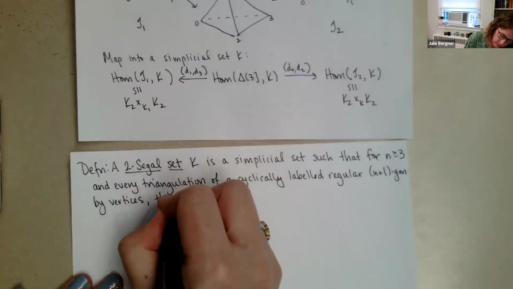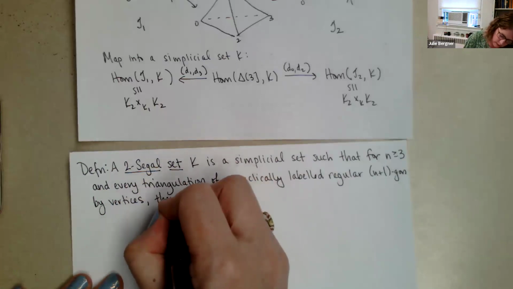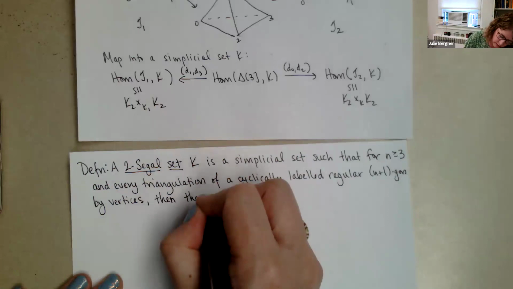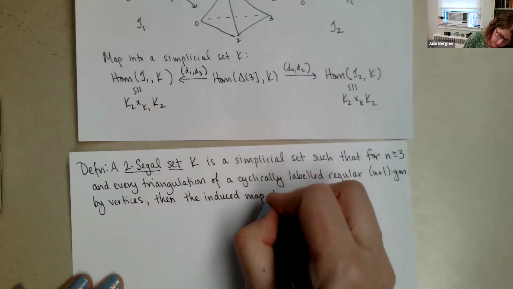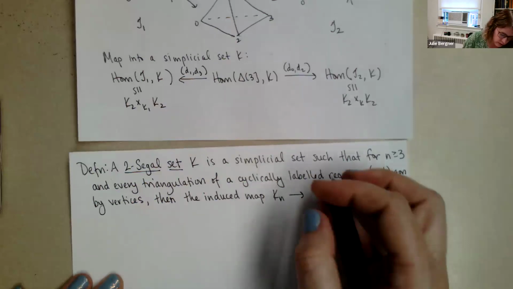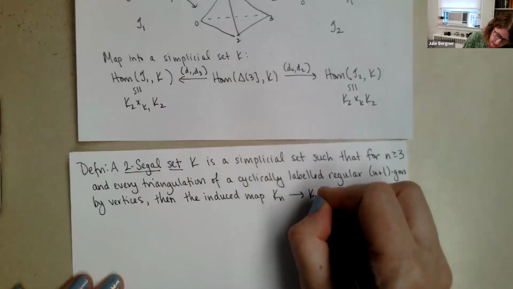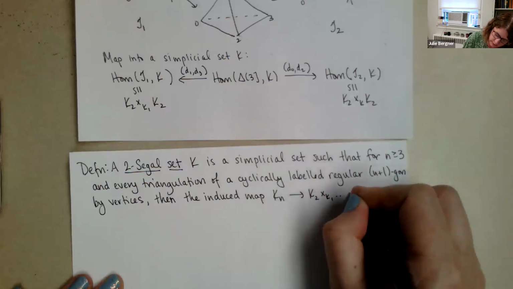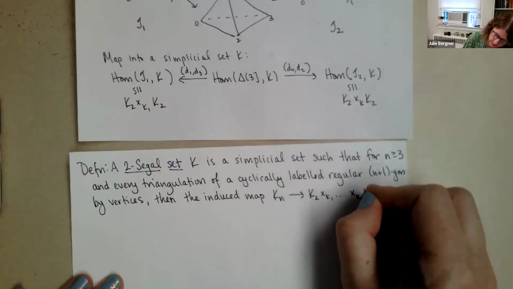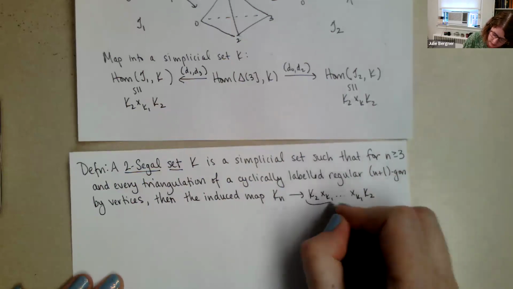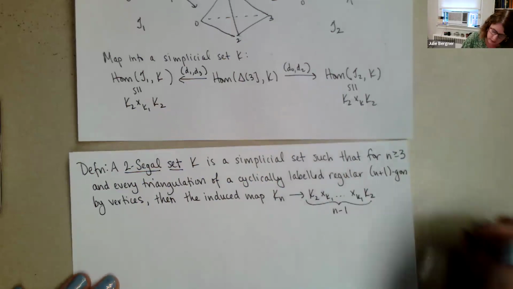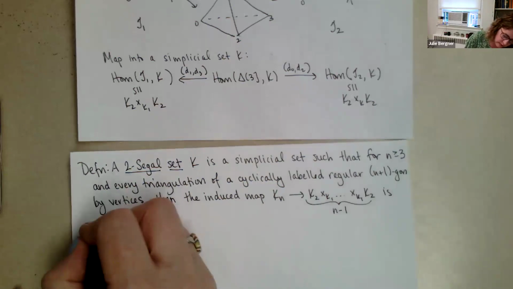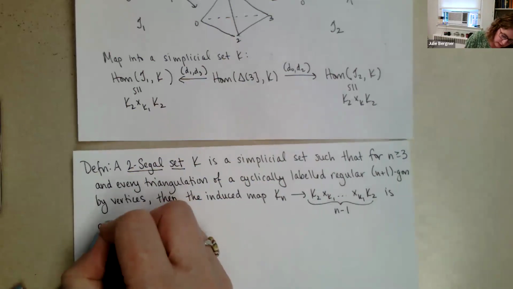Then the induced map, so this will induce a map from Kn to a bunch of copies of K2 along K1. You can check that there will be n minus 1 copies of K2, and that this is an isomorphism.